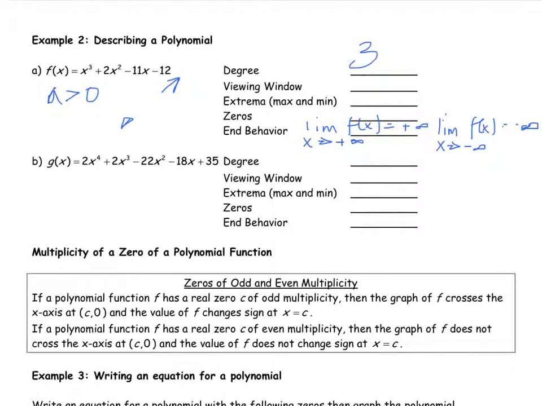Now my viewing window in the calculator is from negative 5 to 5, and then from negative 25 to 25.